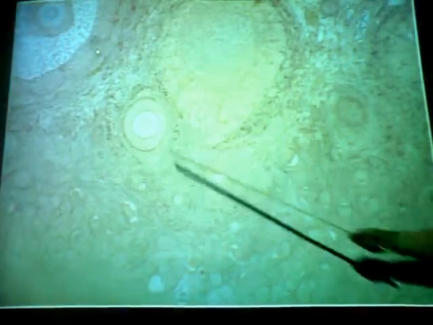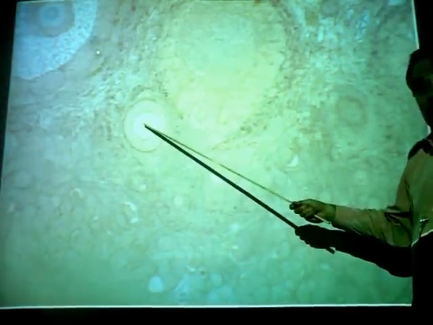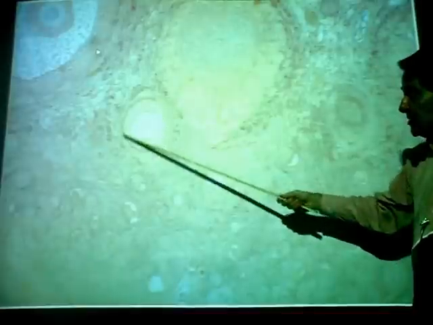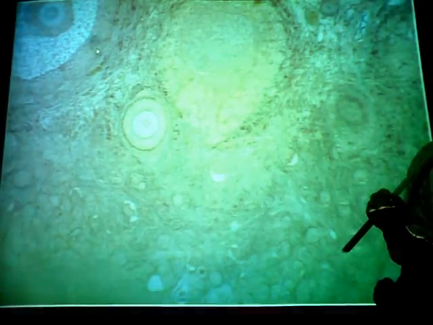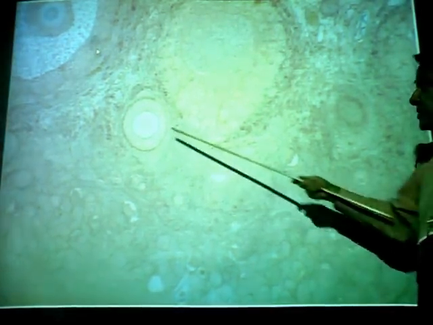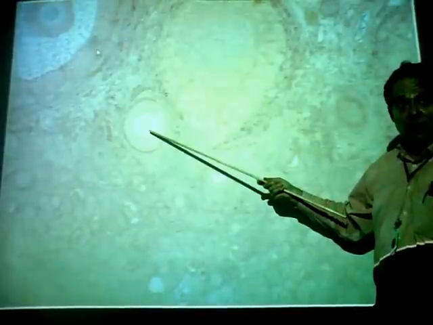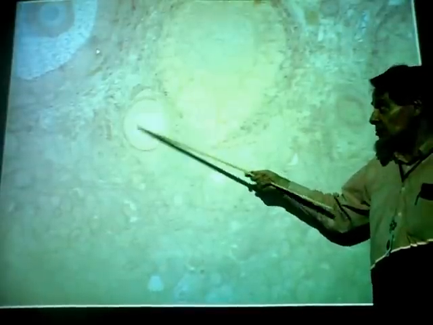It appears like just a big cell with a nucleus. This is the nucleus of the egg cell and the cytoplasm. The cells around it are the cells of the follicle. So the follicle is multicellular, consisting of many smaller cells called granulosa cells. Within that is one single egg cell, which is much larger than the follicle cells, nucleus and cytoplasm. Each follicle is a developing egg cell, but again in a very immature state here.